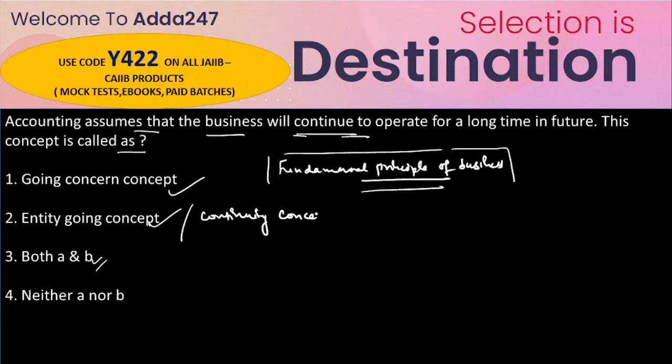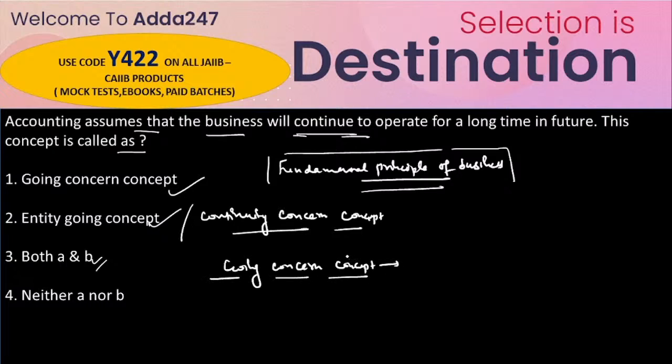Okay, so for the exam, you should always understand what we mean by the going concern concept. This is very important. In the going concern concept, accounting assumes that the business will continue to operate for a long time in future.